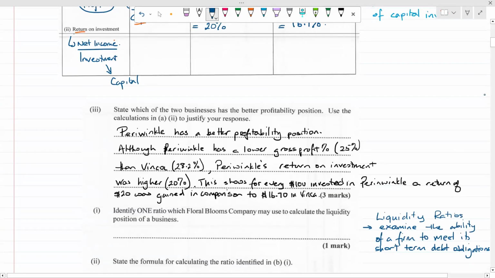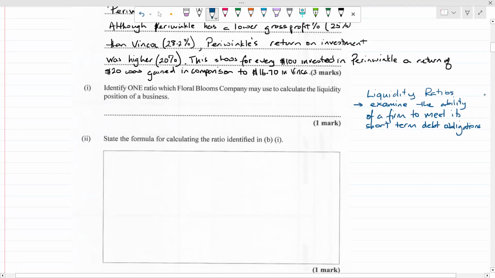I think I gave you an example of a person going out to rent, and the rent is more than, or very close to, what the salary is. You remember that example? By the time they pay the rent, they don't have any money remaining to do other things. A business needs to make sure that its current assets could cover its current liabilities at least 2 times. 1 time is too short.